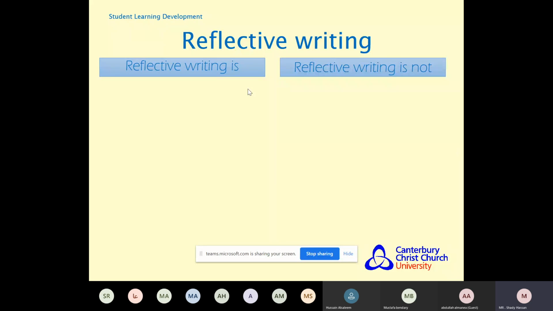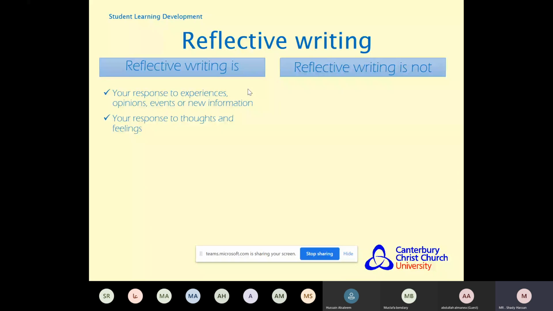Reflective writing is and is not. For example, this applies to reflective writing, and that doesn't apply. So let's see the points that apply to reflective writing and the points that do not apply. For reflective writing, it responds to experiences, opinions, events, or new information.